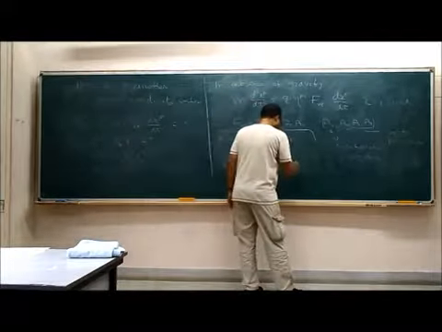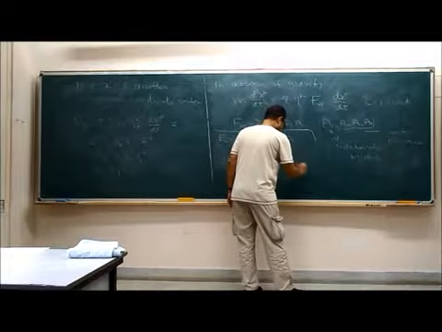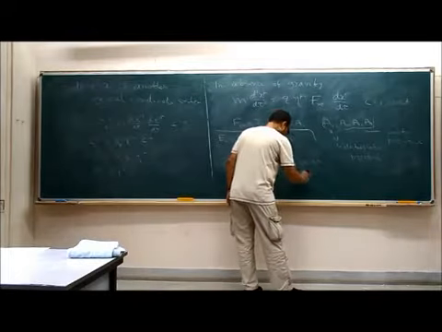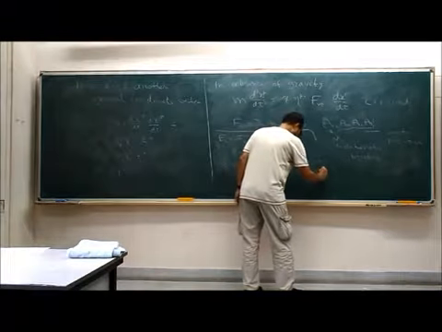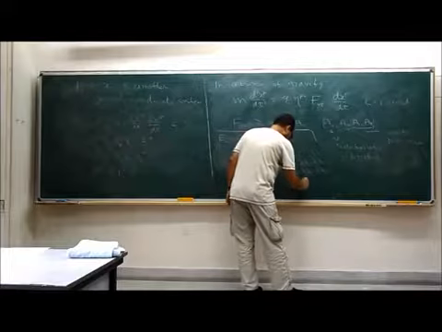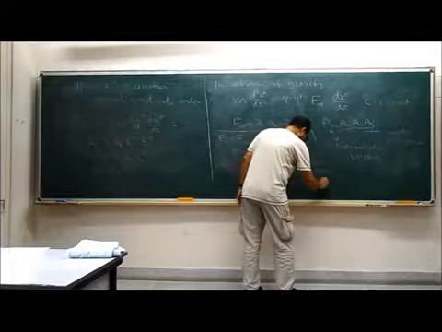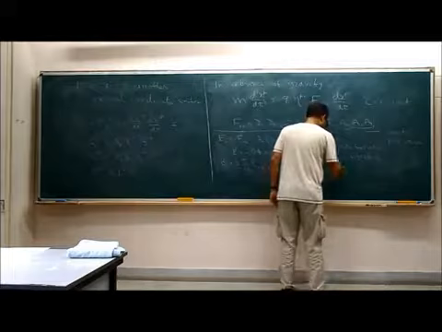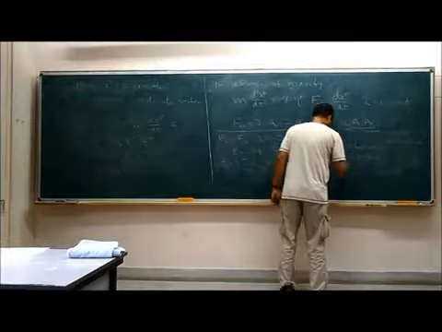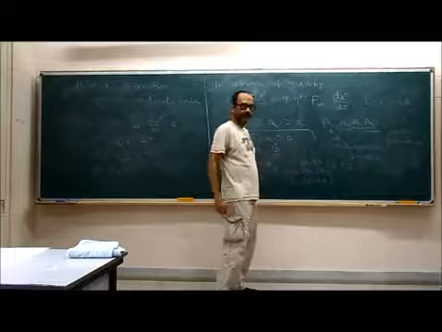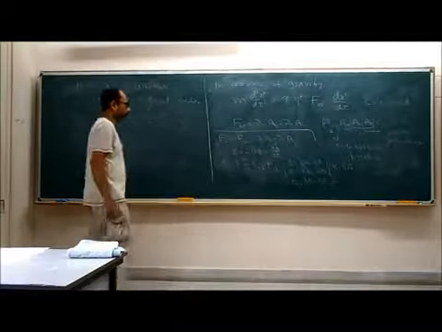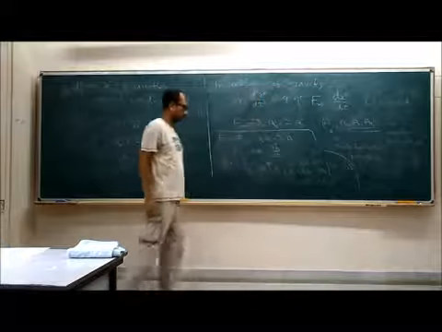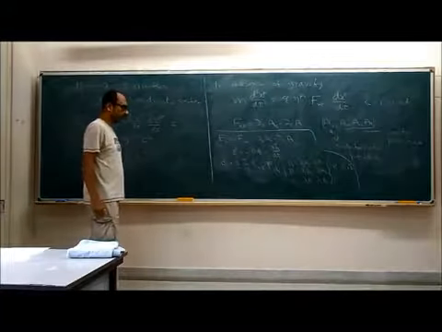In components, we write B1 is equal to del_2 A3 minus del_3 A2, B2 is equal to del_3 A1 minus del_1 A3, and B3 is del_1 A2 minus del_2 A1. So these together give B equal to curl of A. Is this okay?